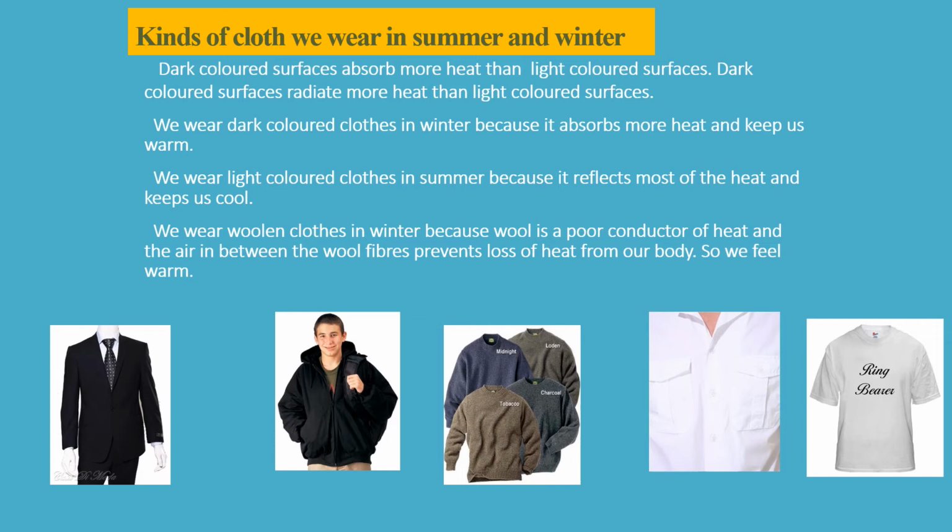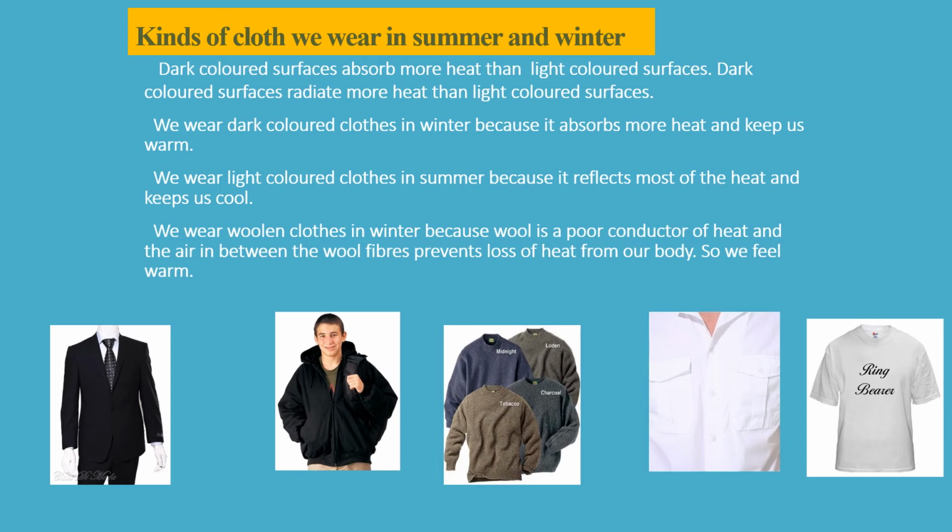We wear light colored clothes in summer because they reflect most of the heat and keep us cool. And we wear dark colored woolen clothes in winter because dark color will absorb heat radiations and provide heat to our body.